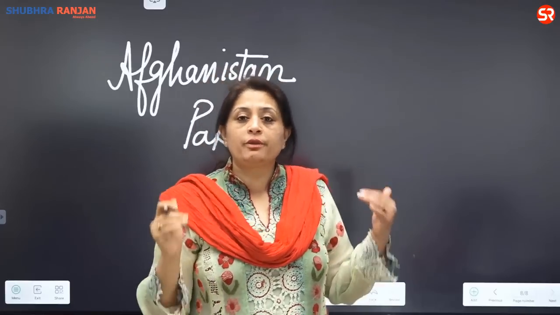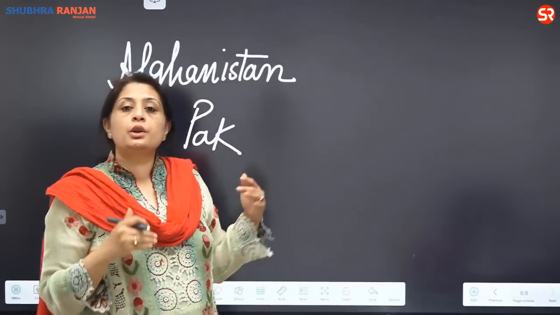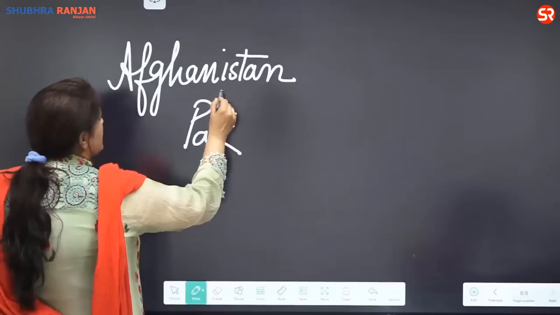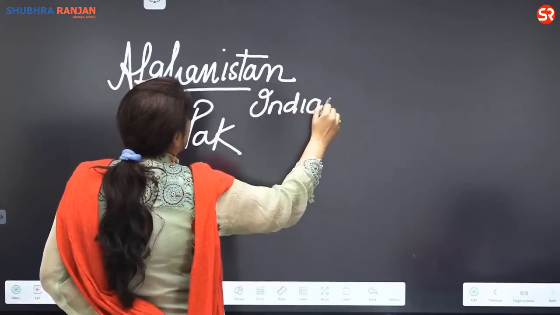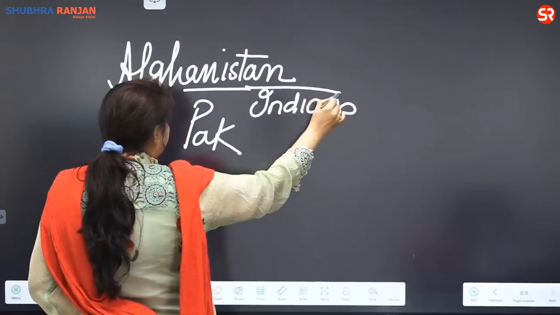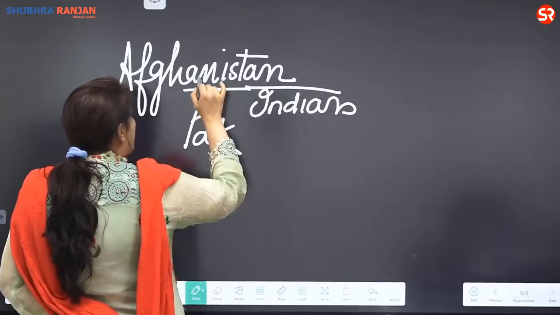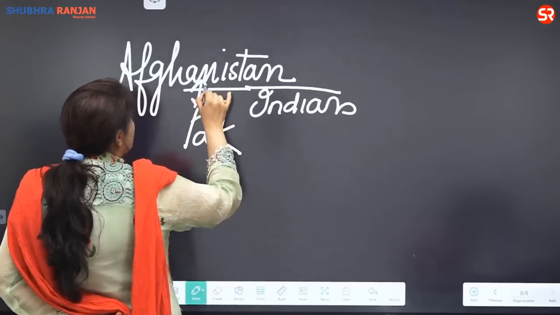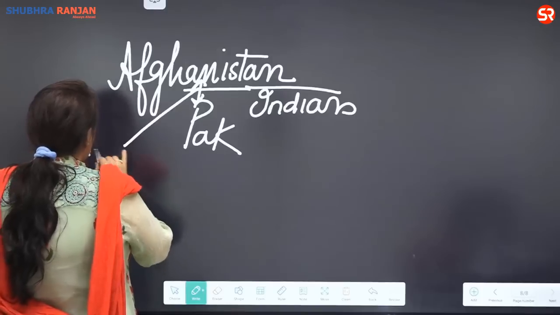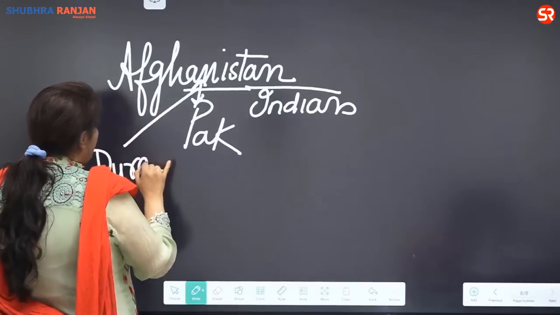Fine. So before the creation of Pakistan, Indian borders were touching Afghanistan, and the partition between Afghanistan and Pakistan, which is known as the Durand line.